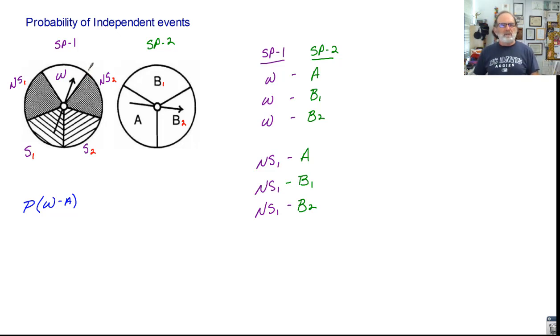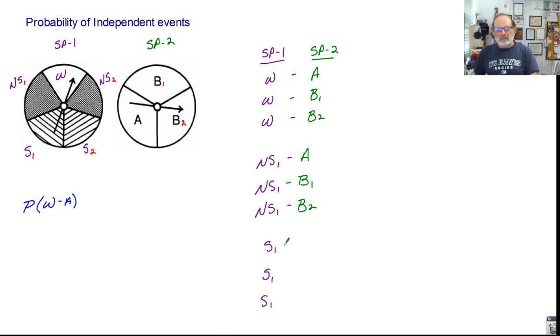Hopefully you're seeing a pattern emerging here. It's also possible, let's just go around the spinner, that this landed on striped section 1. I'm going to write that 3 times, and I think you're starting to see the pattern.